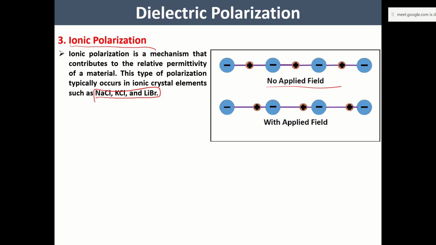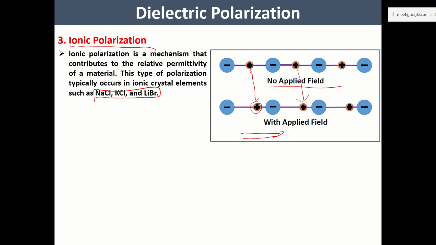When you apply a field, suppose you apply the field in this direction, then you have ions which can slightly move. So you see this location, this ion has moved. The negative charges are bigger, they are not able to move that much.